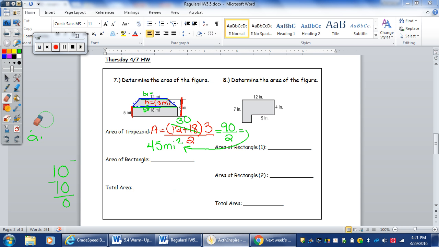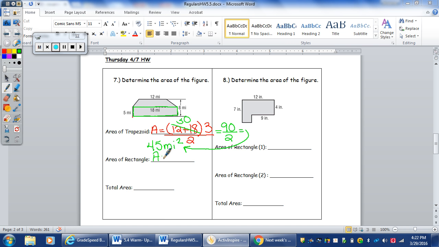So I'm going to erase. And I'm going to look at my second shape here. And I see my second shape is, oops, sorry, I had an eraser there, a rectangle. And rectangles are easy. I like rectangles.